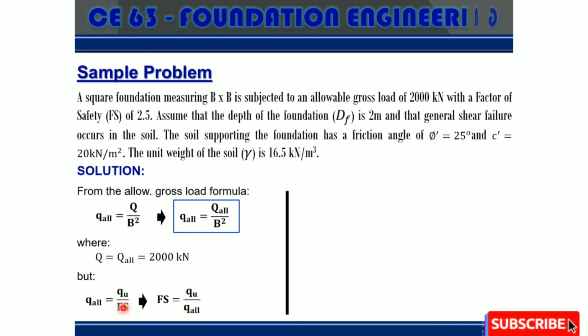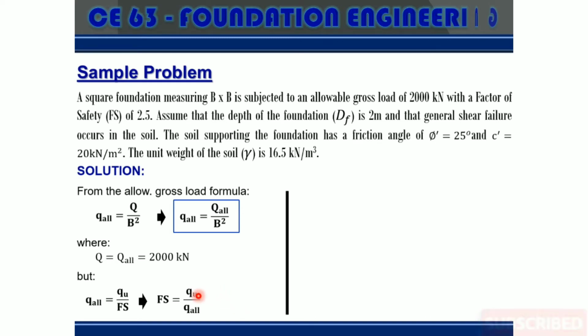From this formula we can determine the factor of safety, which is the ratio of your q ultimate over the q allowable. And also we can rewrite this as a function of your capital Q load.